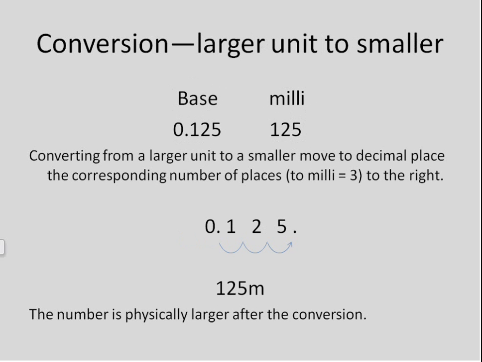Going from a larger unit to a smaller unit, you're moving the decimal place to the right. So base of 0.125, going from the larger unit to the smaller unit, move the decimal place over 3 places corresponding to the smaller unit base.